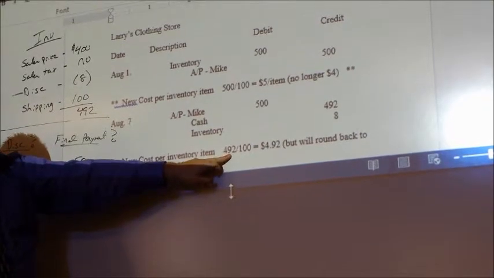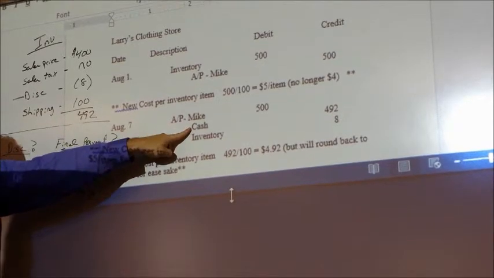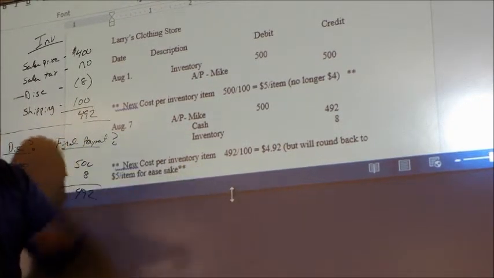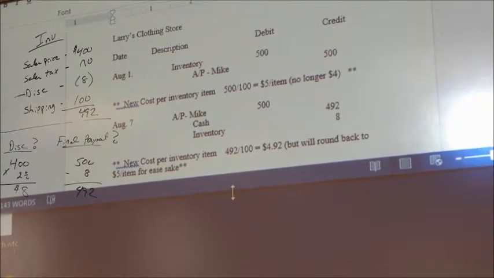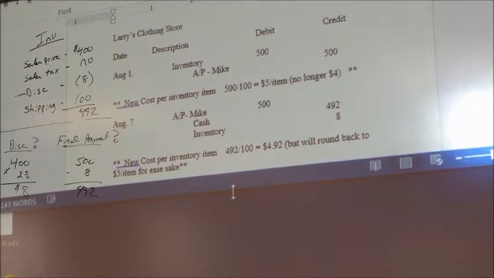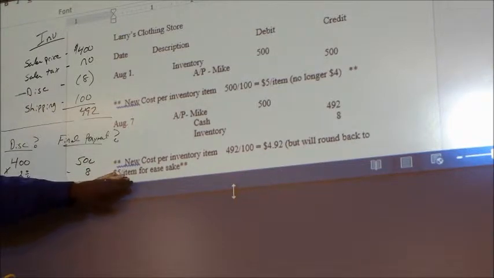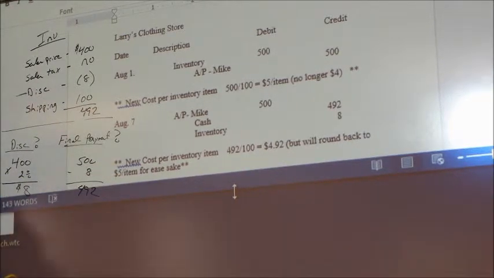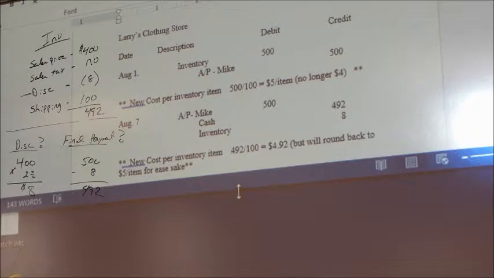So my inventory really only costs $492, which is what I paid. $492 over the 100 items would give me a technical price per item of $4.92. Well, that's going to be kind of hard. I want easy numbers so we can do it in our head for this exercise. So let's just keep it at $5 because it's so close anyway. So we're still going to use that base $5 per item cost.